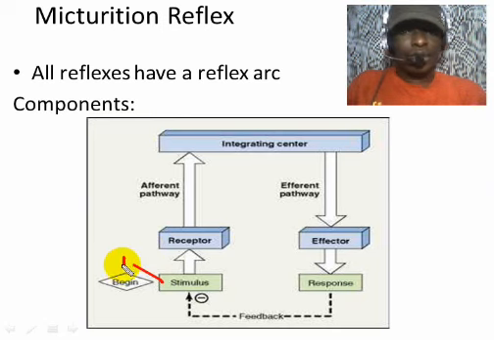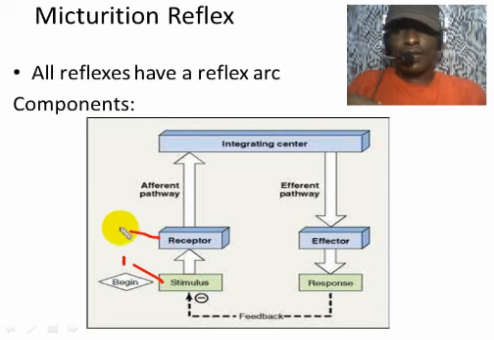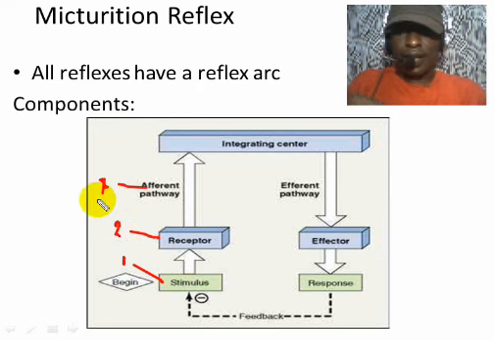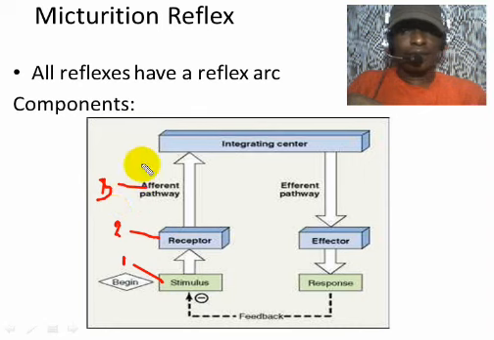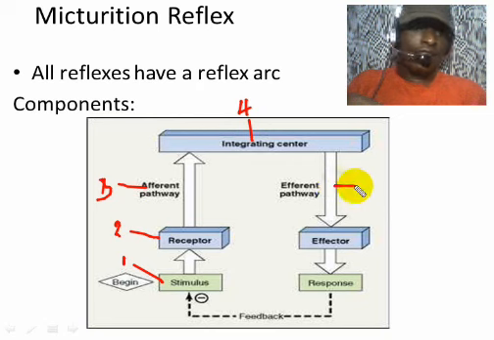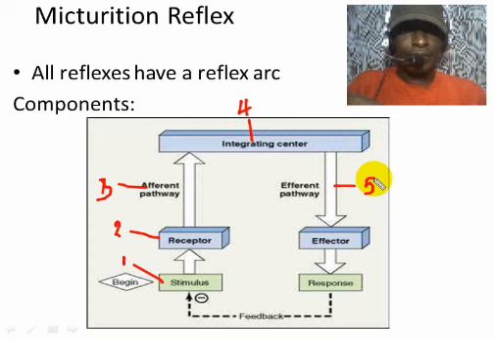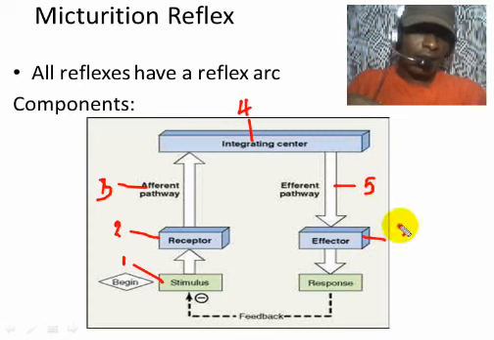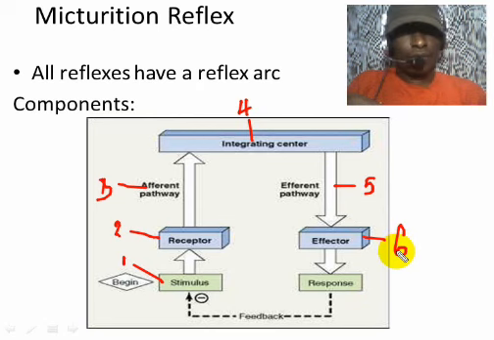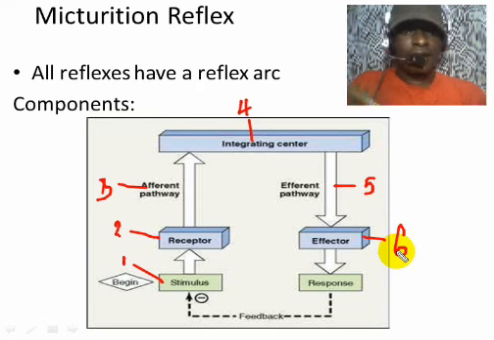Every reflex action begins with a stimulus. 2 is the receptor. 3 is the afferent nerve. The next component is the integrating center, number 4. And then the 5th component of a reflex arc is the efferent nerve. And then the 6th one is the effector or the effector organ.